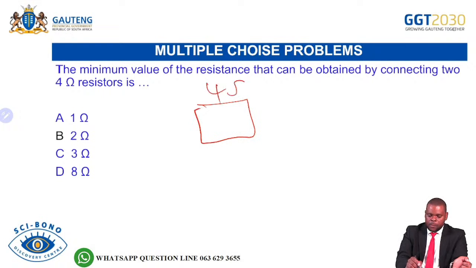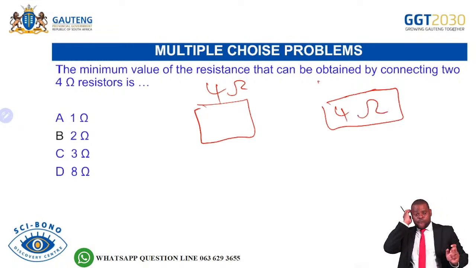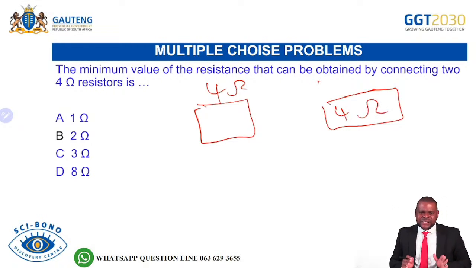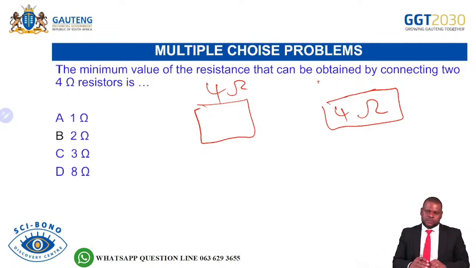This is 4 ohm and another resistor that is 4 ohm. Both resistors are 4. What is the minimum value that we can get when we add these two, whether we add in series or in parallel? What do you think, grade 12?